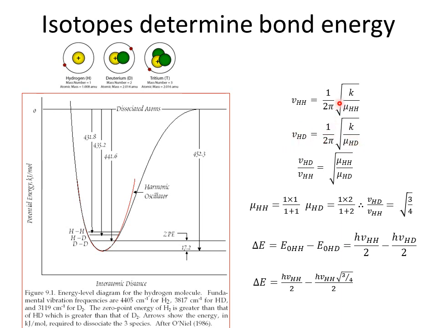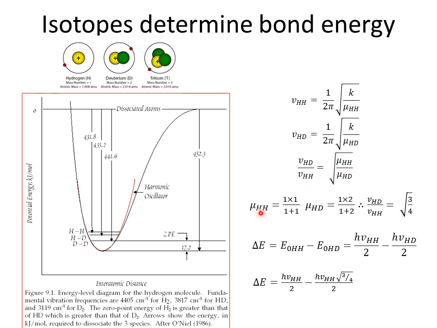So the ratio of those two vibration frequencies, you can rearrange to get this, which is related to the square root of the ratio of the reduced masses. So the difference in the vibrational frequency between the two molecules is dependent only on the masses of the isotopes. We can actually work that out.